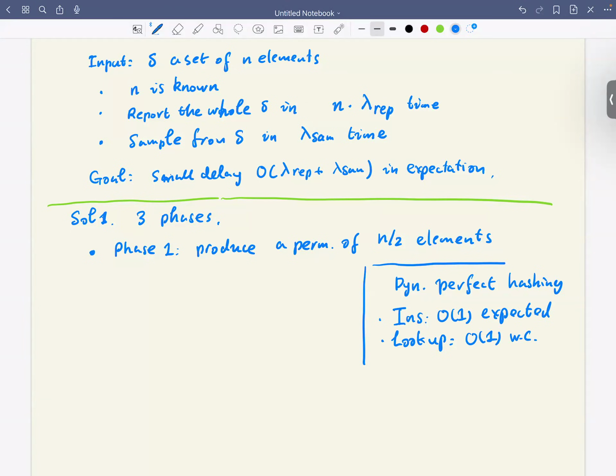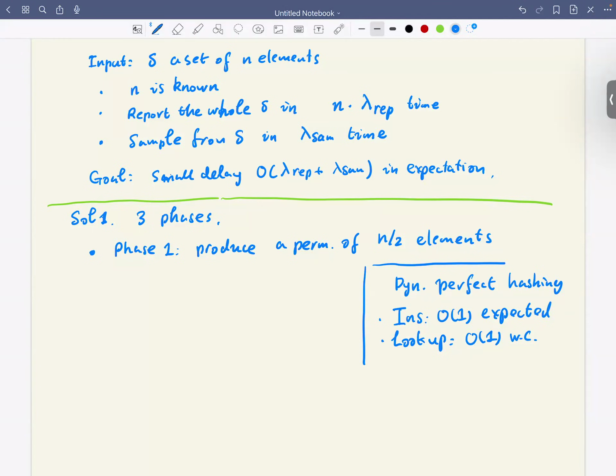Now remember, the target of phase one is to produce a random permutation of n by 2 elements. You can imagine this is set S, and it has n elements. Eventually, we will produce a sequence of n, but in the first phase, we will produce the first half of the sequence.